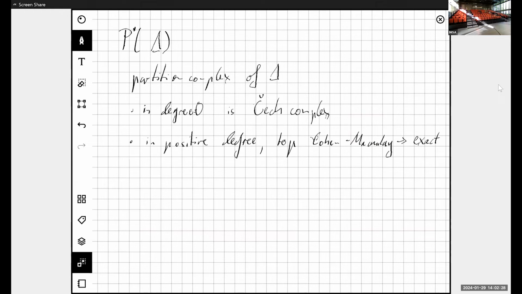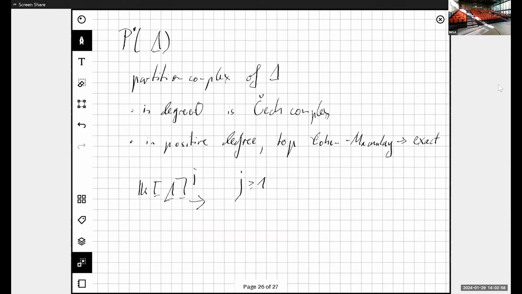Okay, so it's not quite an exact complex, but in positive degree it is. All right, so if I restrict to K delta J, where J is larger or equal to 1, and I look at delta, right, I look at this complex in this degree, then this complex is exact. All right.